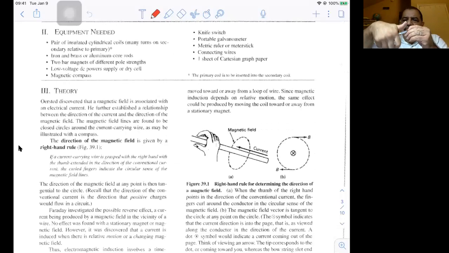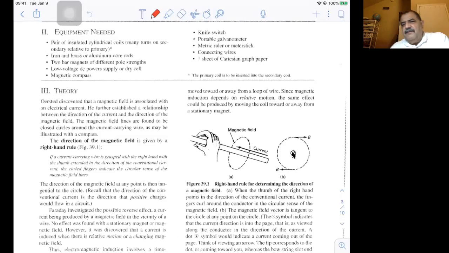You have a magnetic field that wraps around the current, the conductor, and it's shown right here. This is the magnetic field. If you see the crosshairs, that's the tail end of the current.